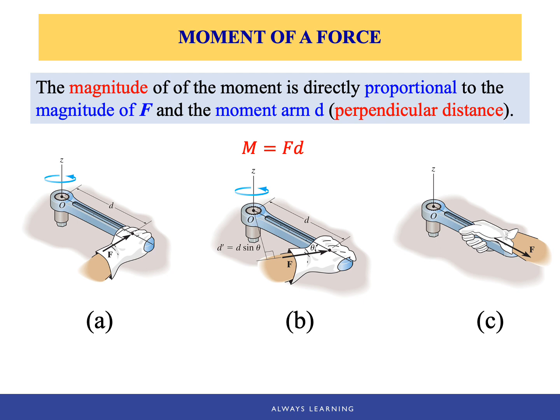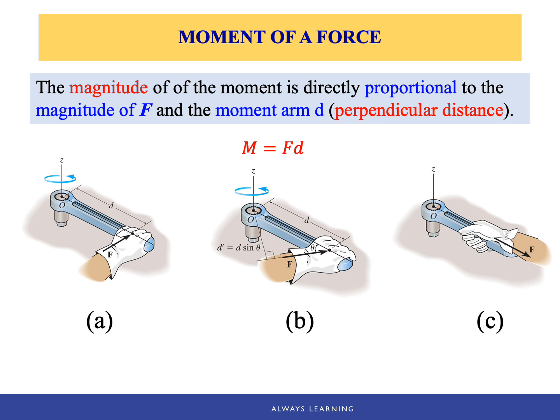Or if we pull on the wrench, you can imagine this is what you're going to do. If you want to rotate the wrench, instead of pushing it, we pull on it. So the result is the wrench will not turn at all because the moment arm is 0 now. So the moment F times D becomes 0.